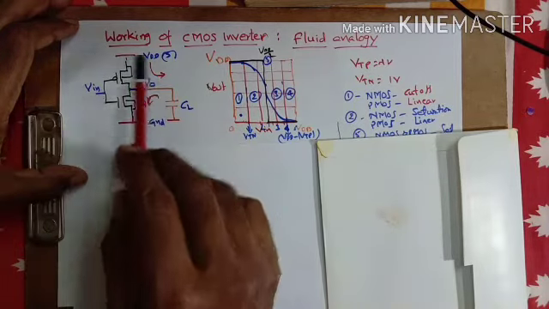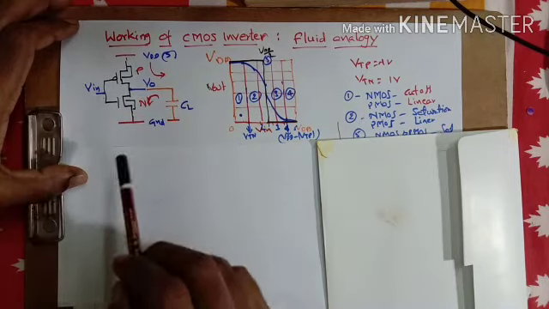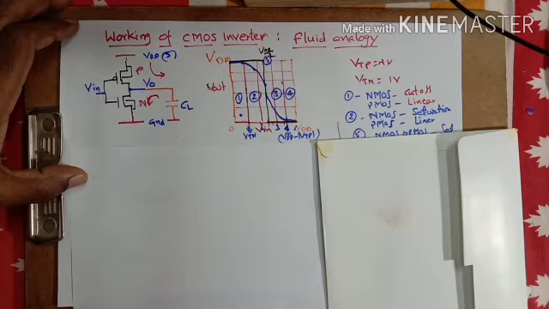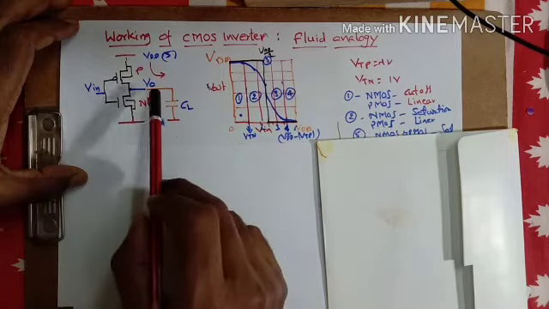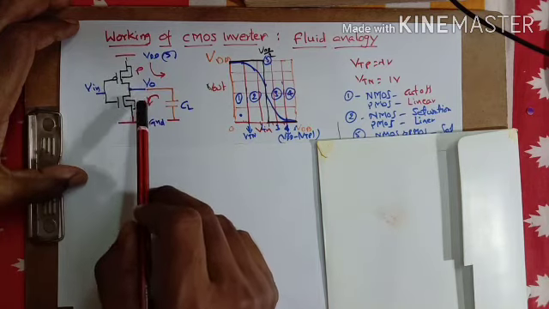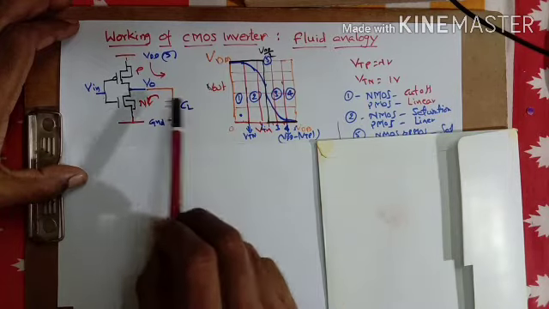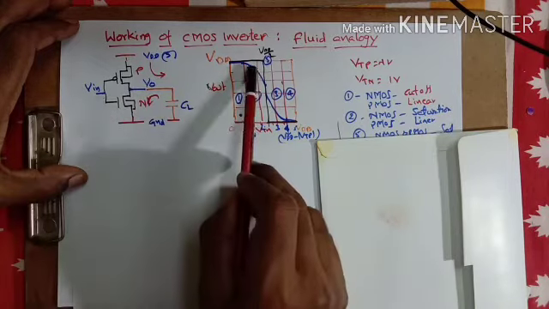Okay, sorry, it will be increasing. So when V0 minus VDD is increasing, the current will keep on changing until the current becomes equal to the current that is sinking here. Then V0 will settle at a particular voltage.